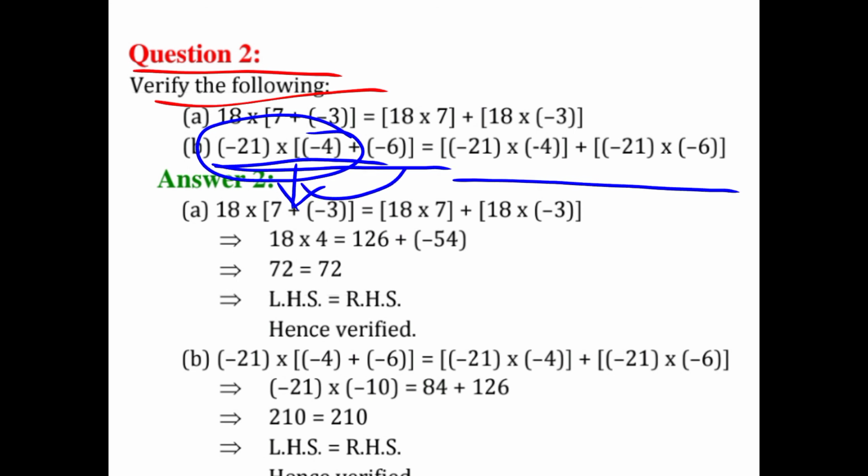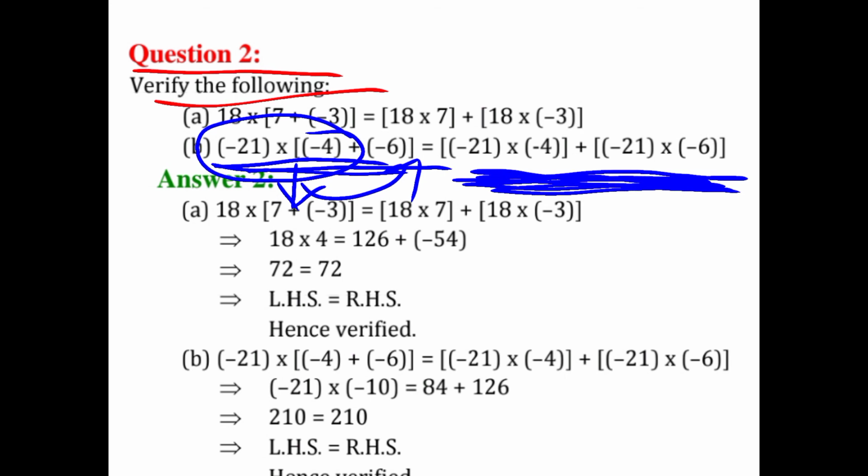That integer is then operated upon with this number, and finally you will get the answer of LHS, and then you have to do the same things on the RHS.